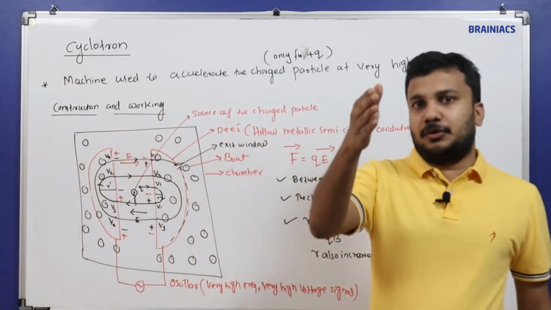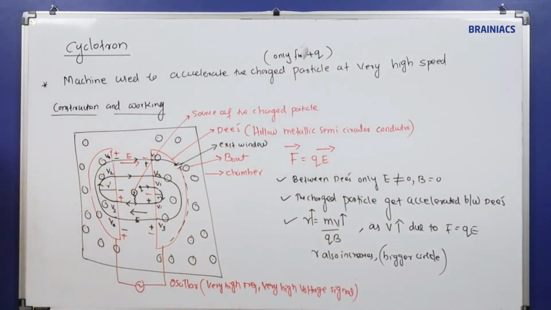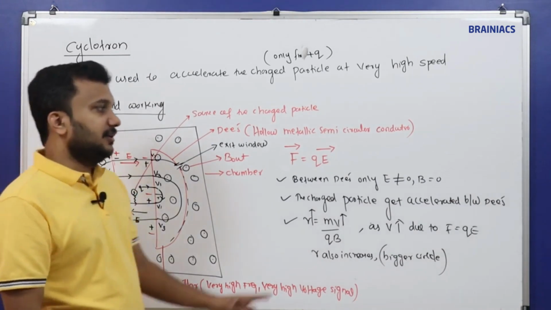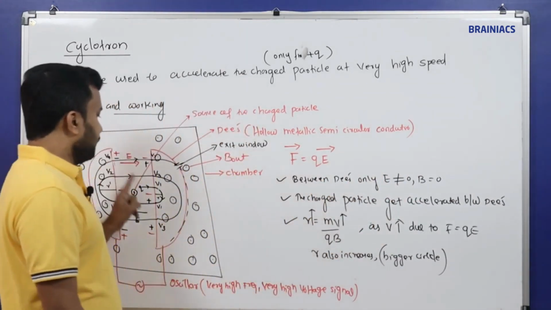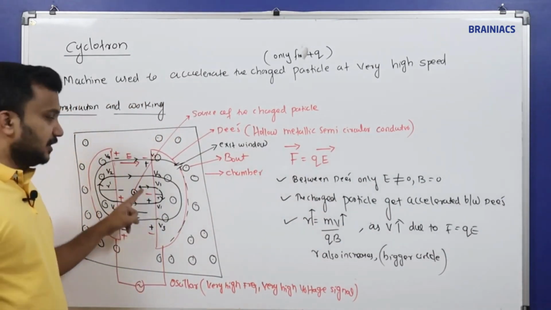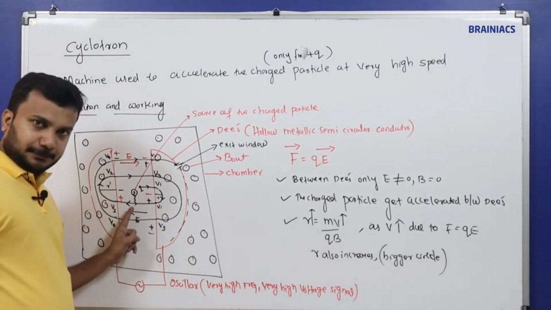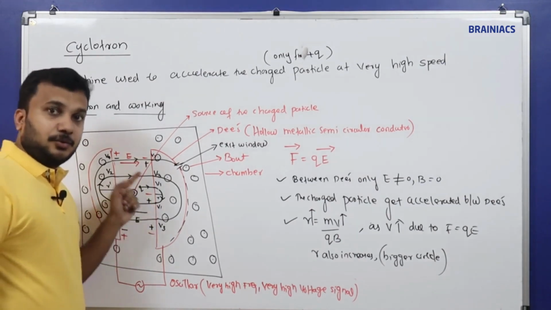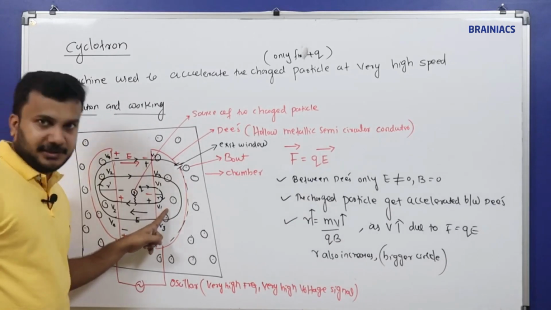Now take down on your note and write the following points, whatever you understand. Between the disks, there is only an electric field, and the magnetic field is equal to 0. A charged particle from the source will get accelerated between the disks, then it will undergo circular motion within the disk because of the magnetic field.